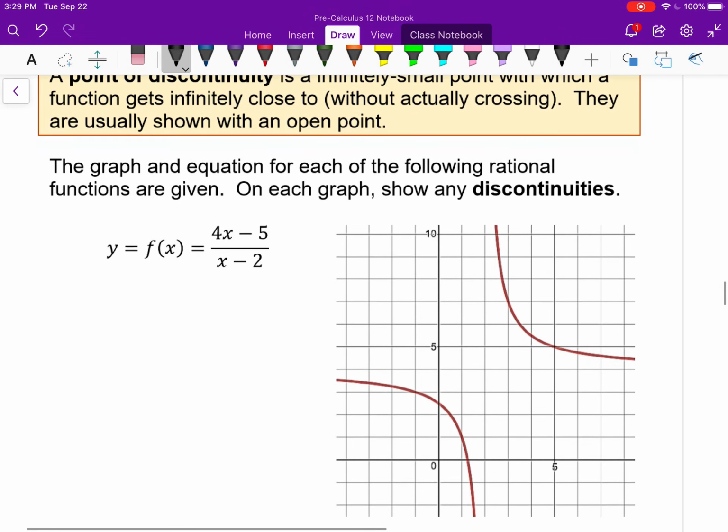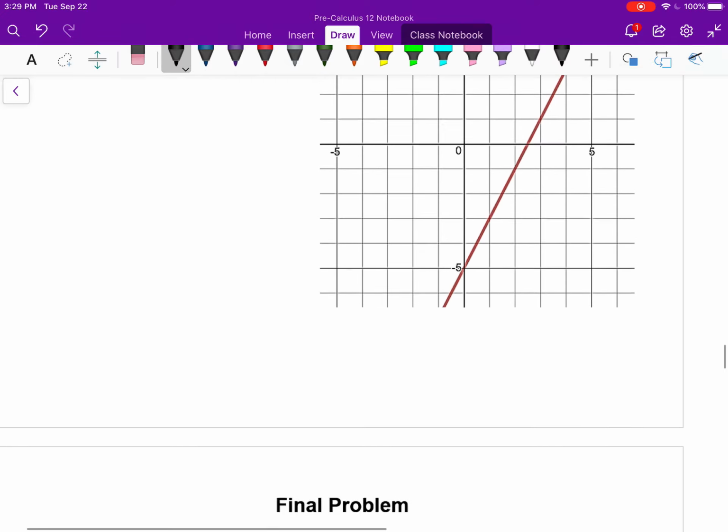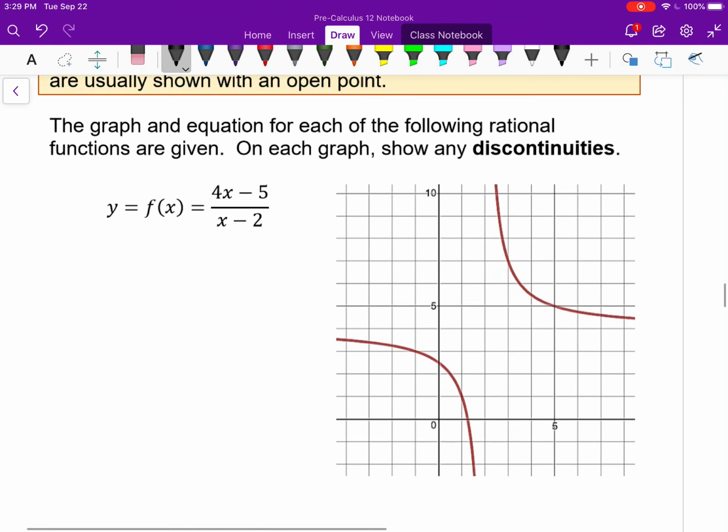So for each of these graphs, for all these equations f, g, and h, what you see is the graph that Desmos has created. When you look at f here, I typed in 4x minus 5 over x minus 2, and that's what you see here. I want to show the discontinuities on the graph.